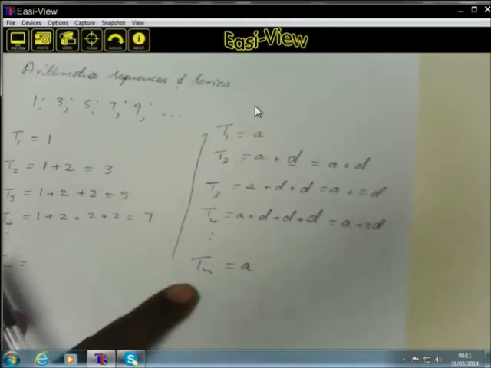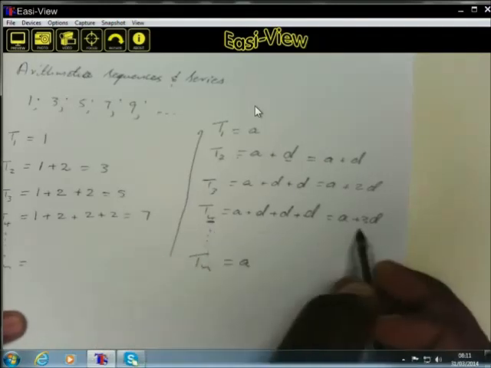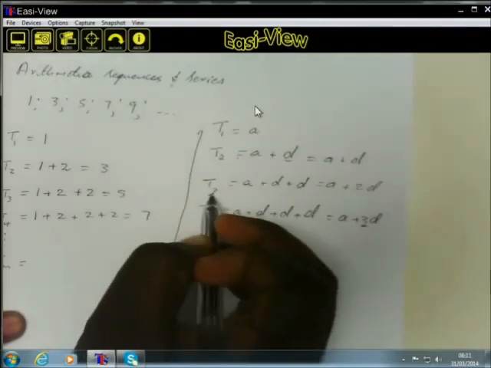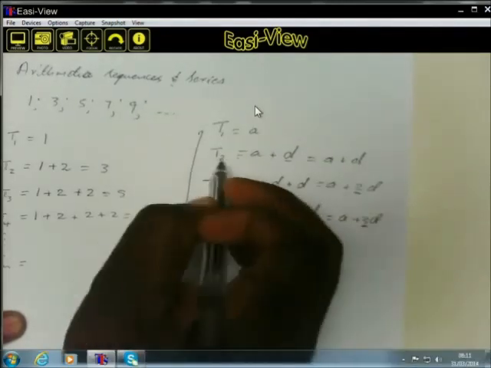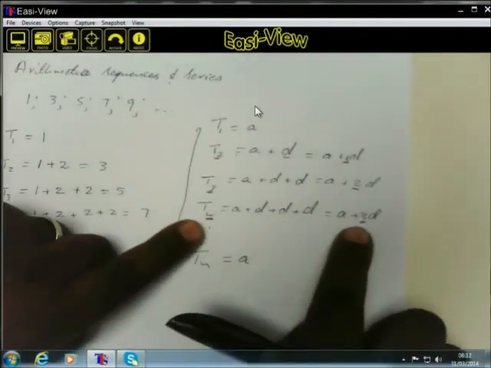But before we get to this one, I want us to look at the term number and the coefficient of d. The coefficient here is 1. You will realize that the difference between 4 and 3 is actually 1.